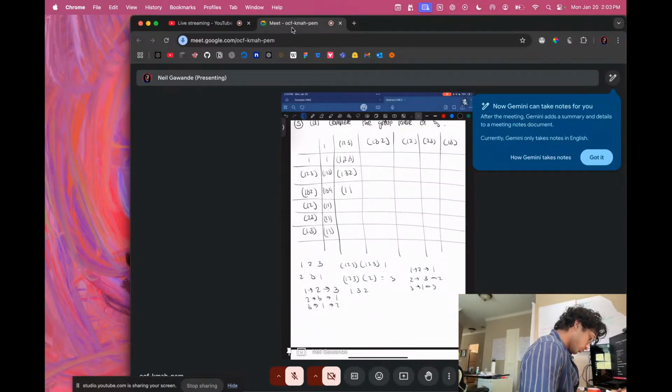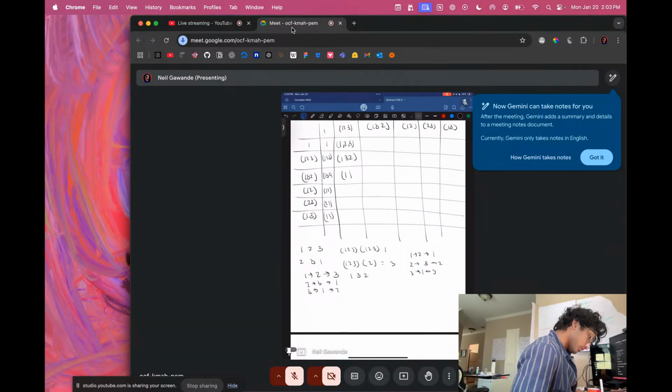1 goes to 2, 2 goes to 3, 2 goes to 1, 3 goes to 1. Why is this so fucking confusing? 1, 2, 3. 1 goes to 2, 2 goes to 1, 2 goes to 3, 3 goes to 1.